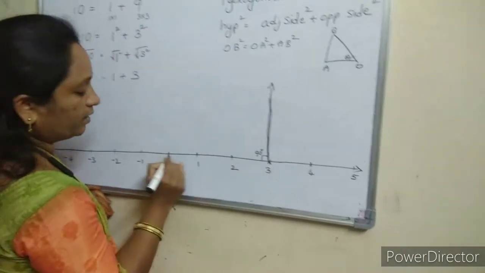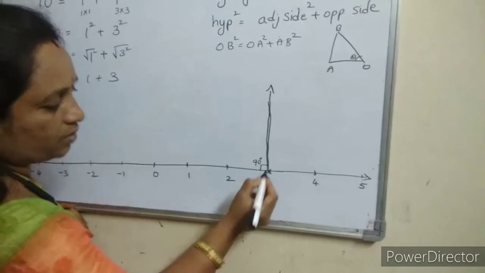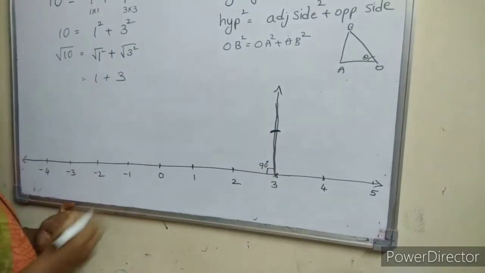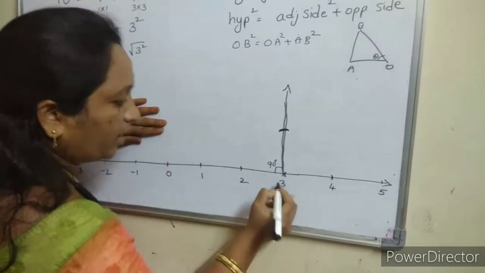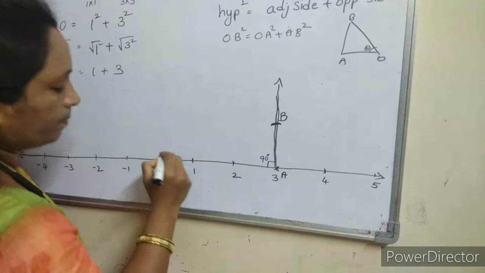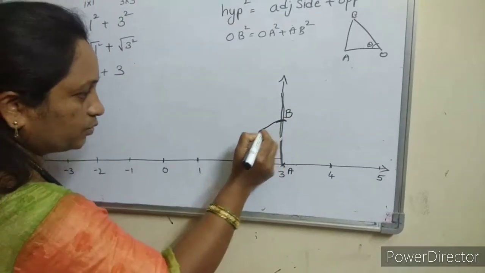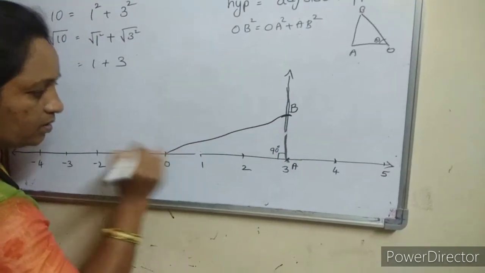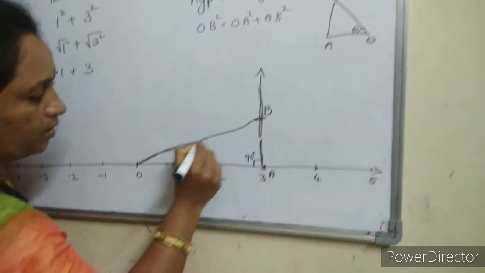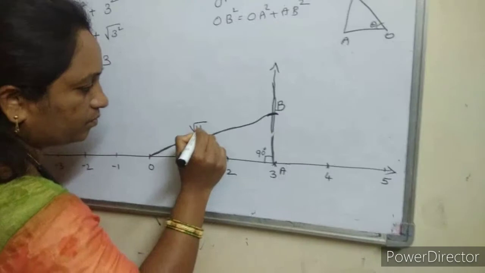Now you have to take 1 unit length using your compass and mark an arc over this ray. Now let us consider this as A and let us take this new point as B. Now join these 2 points. Okay. Now this is nothing but root 10.